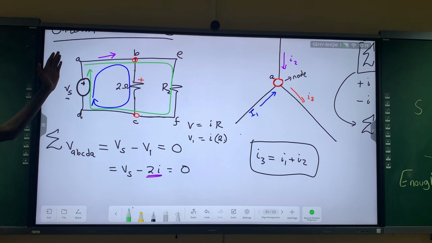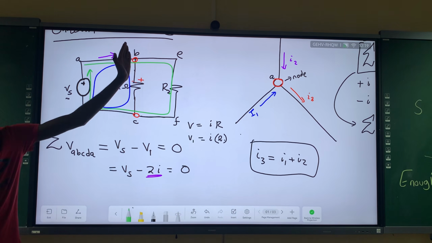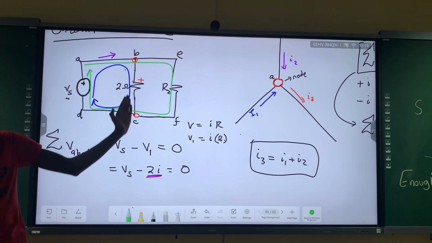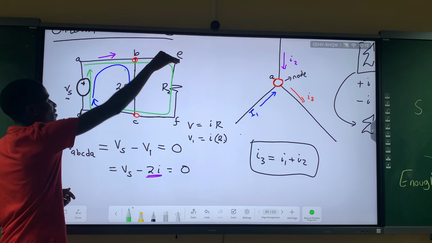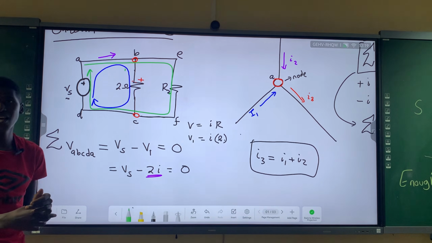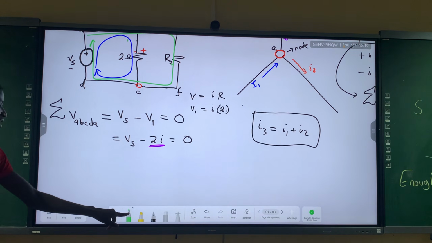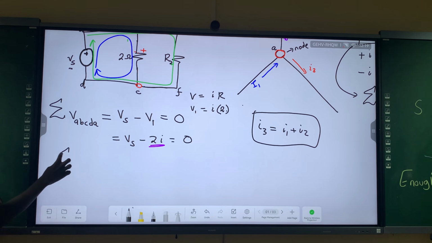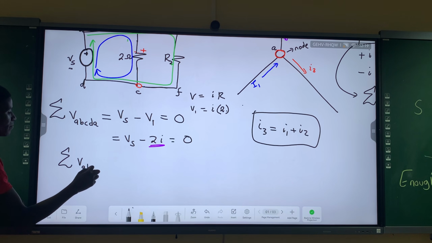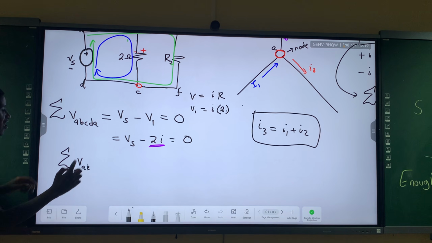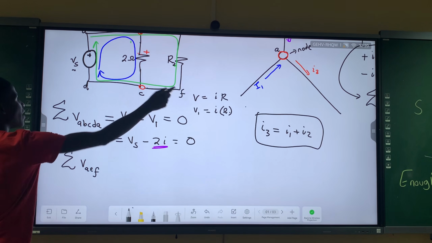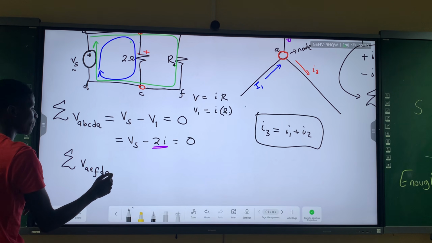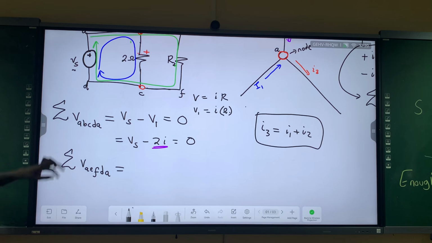In this case, I chose to ignore the path between B and C. I chose to ignore that path. So my closed loop goes from A to E to F to D and back to A. You can still do the same thing and do the Kirchhoff's law expression and say the sum of the voltages across the loop, from point A to point E to point F, and then from F to D and back to A.